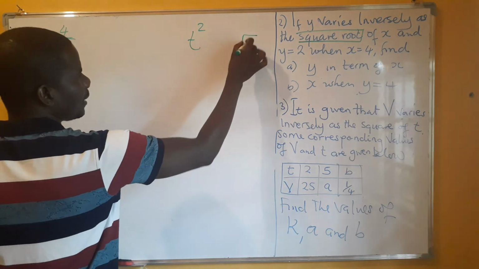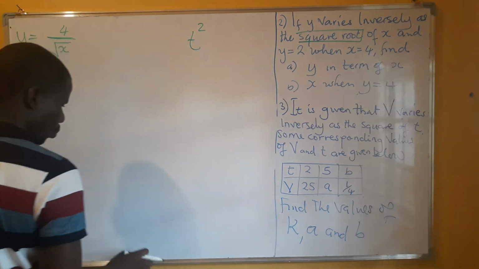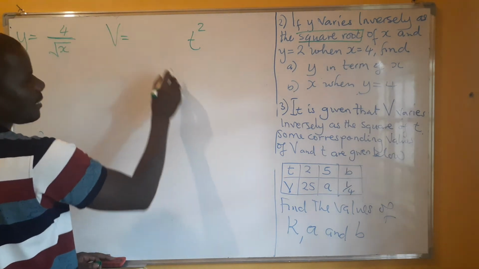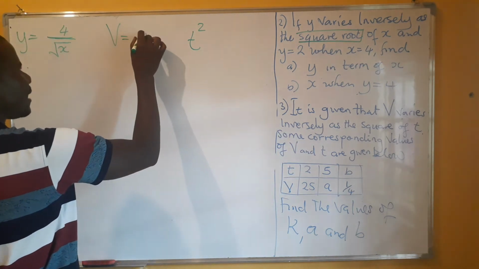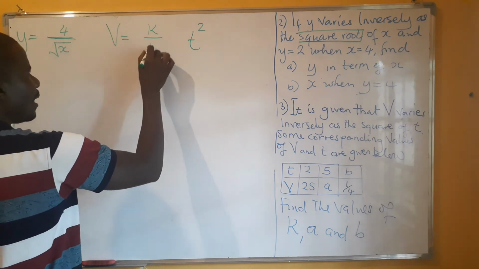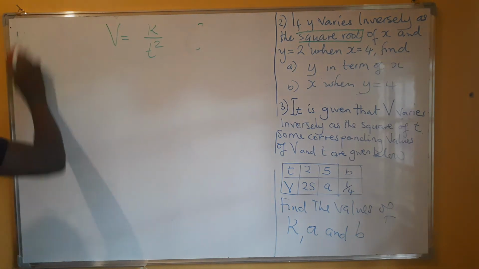The square root of t is this one. Now this one talks about the square. So v varies inversely as the square of what? So it will be k, which is the constant, over this one. This is how the equation must be written here.